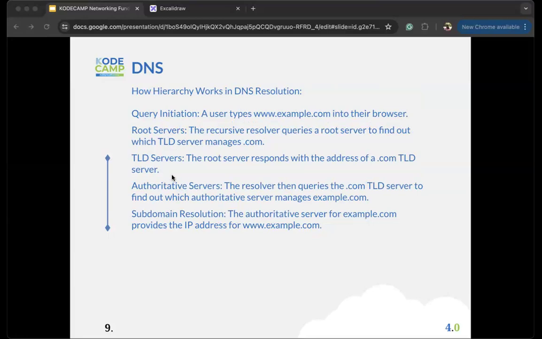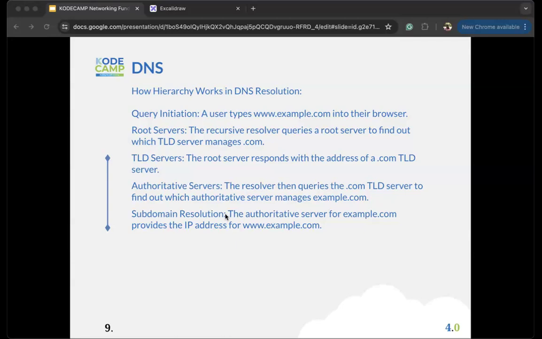Like I explained, that is how your DNS works with the hierarchical flow. You have a user that first does a query for a particular domain name, and the DNS now has the job of translating that domain name into an IP address. So it begins from the root server, which responds with the IP address of .com, the top level domain.